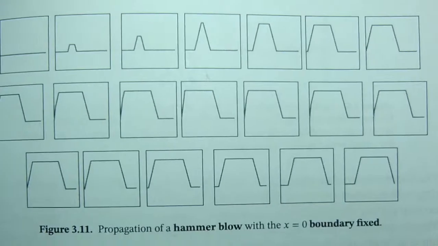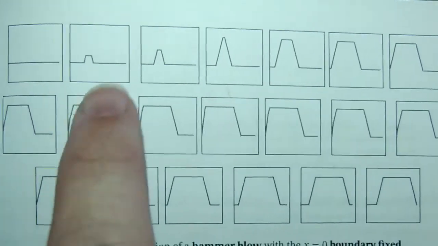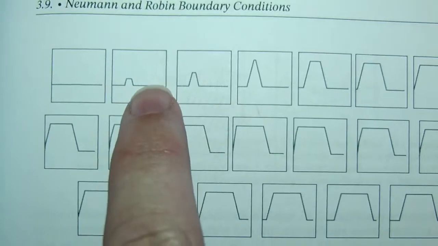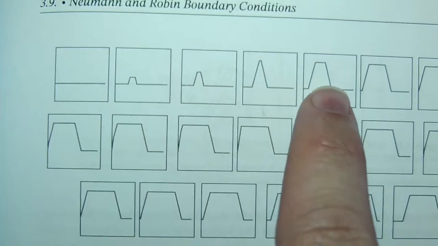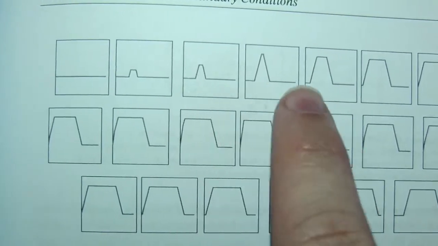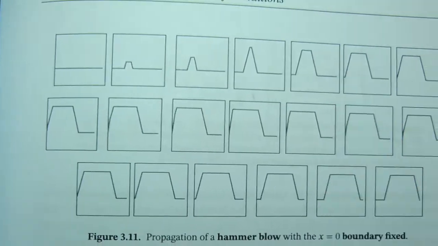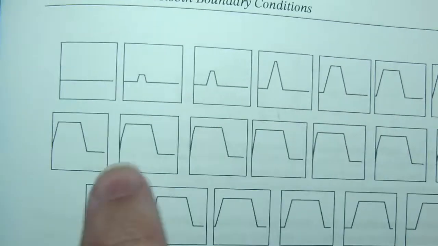Here, what does the hammer blow look like in this situation? My left end is fixed again. Here's the hammer blow. You can see how displacement is affected. Here I have movement toward the left.